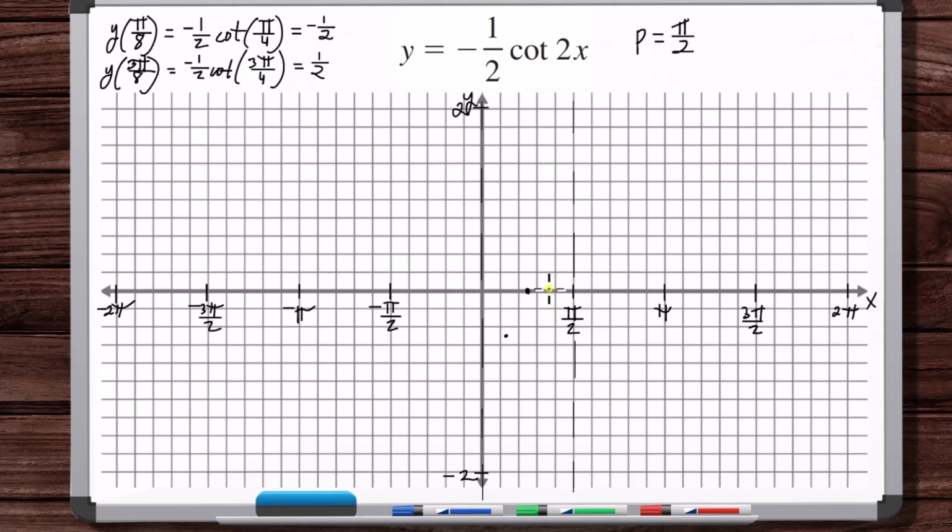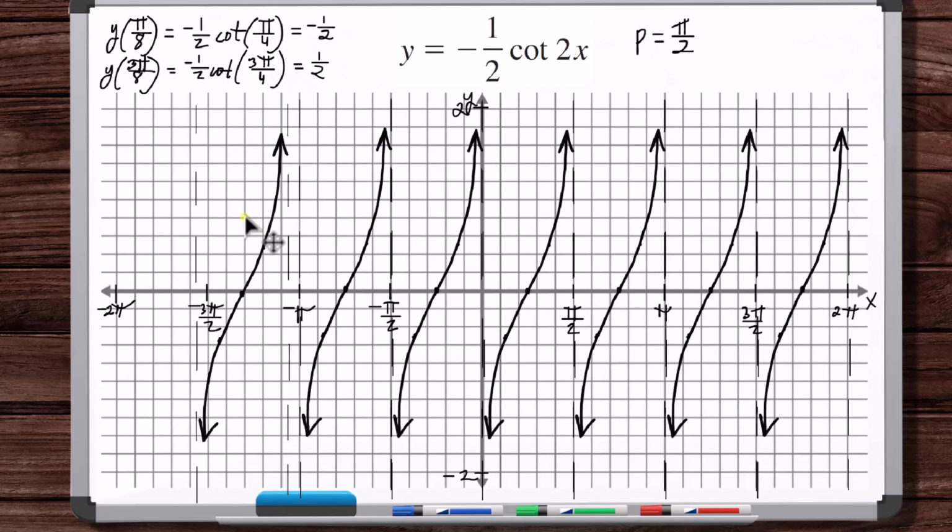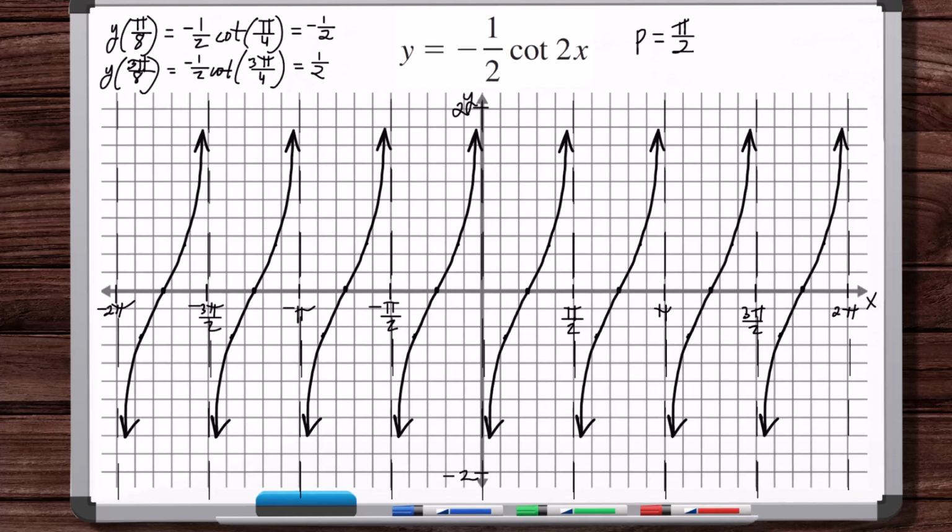And then at about 2 3/4 tick marks, or no, 3 3/4 tick marks, we're at there. So, like that. And there we go.